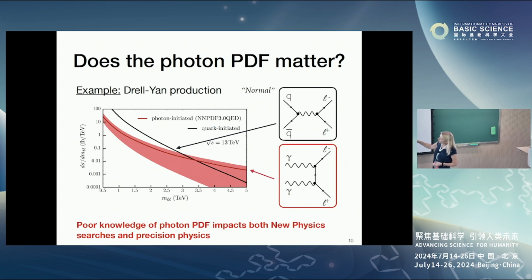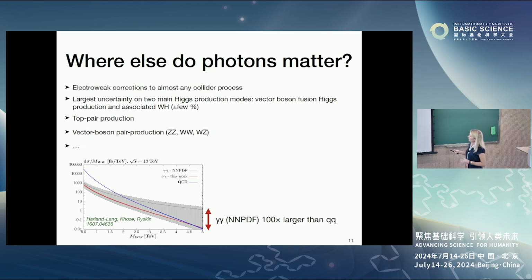Also, if you look at precision physics at low masses, you see that this photon-initiated contribution is not so small anyhow. If you want to talk about percent precision, it's something that you have to control. This is an example, but it matters in many other cases. For instance, as I already mentioned, when you compute electroweak corrections to essentially any collider process, you have to include a photon-induced contribution.